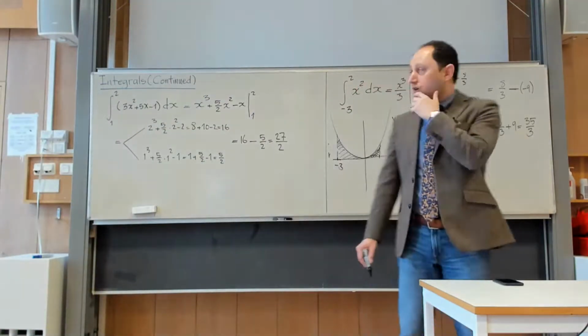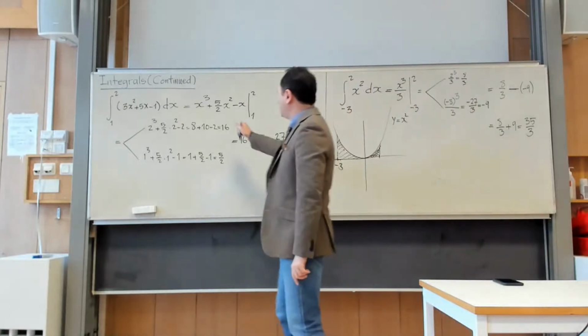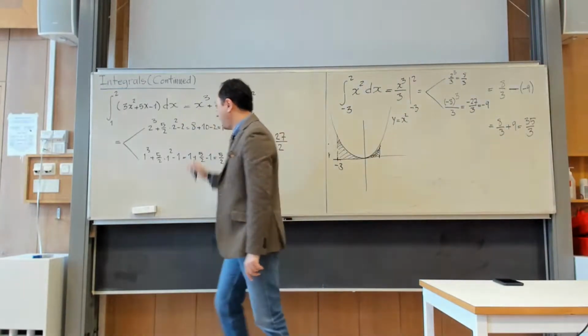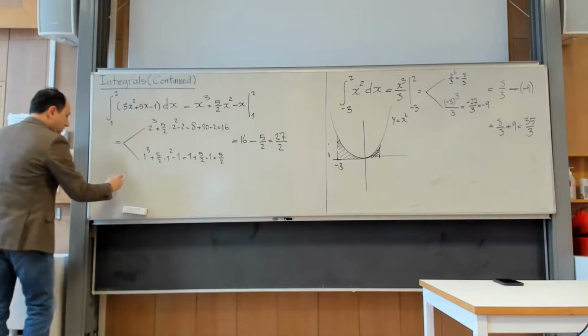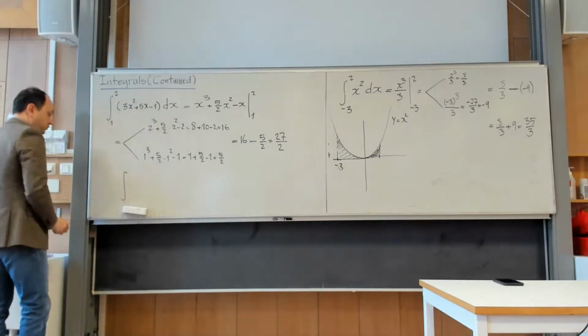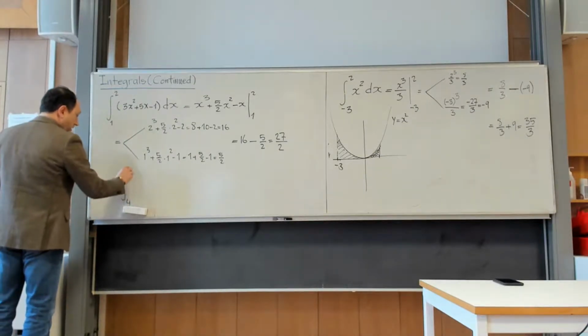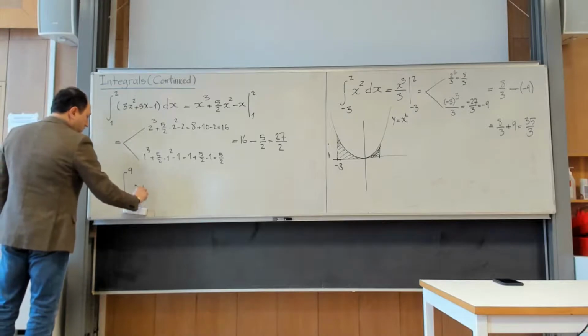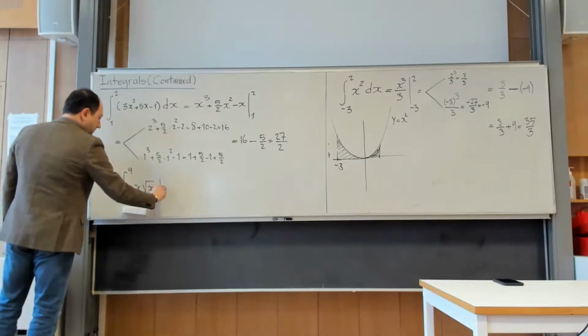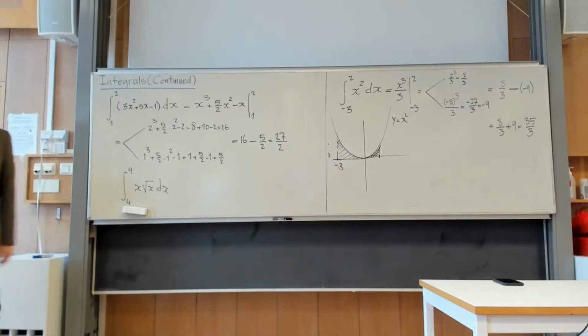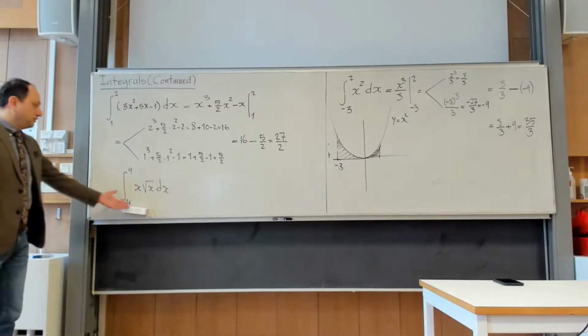Let me just give you one more example, because I want you to realize the way that you have to write. If I give you this integral, please calculate this one for me as well. So from 4 to 9, x square root of x dx. I want to wait a little bit for this one, because I told you that there is no point to give you a lot of examples.